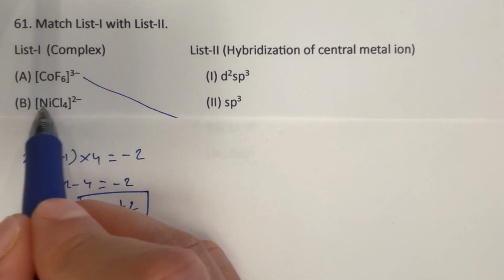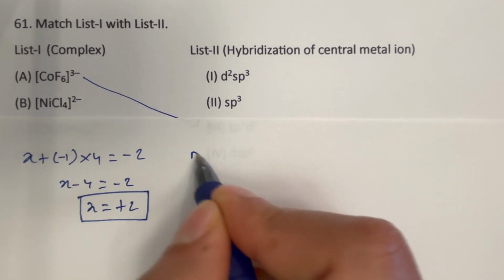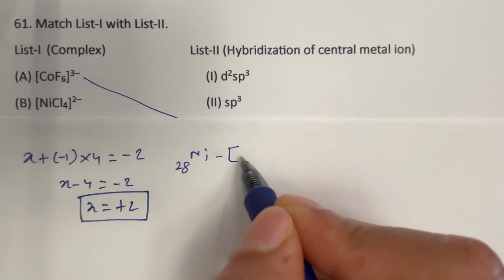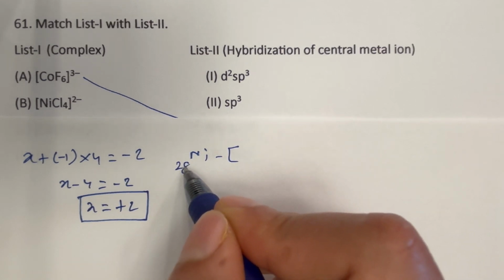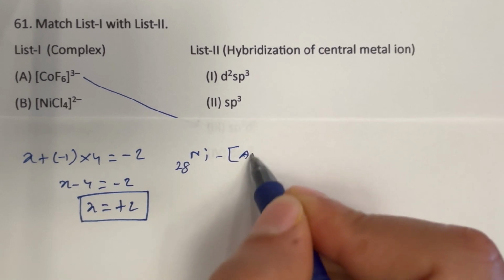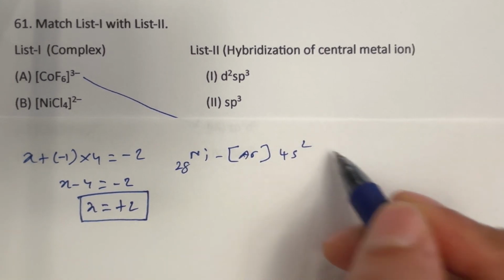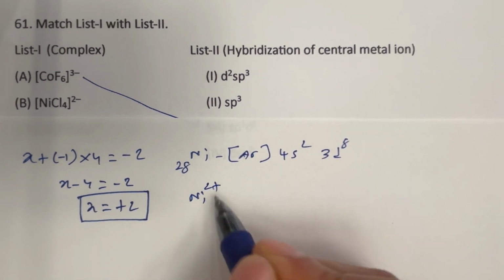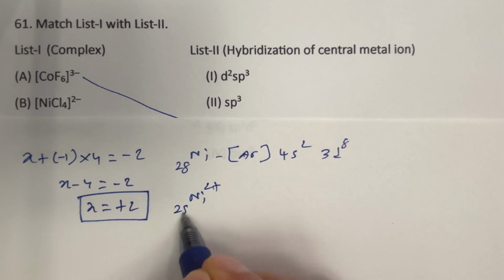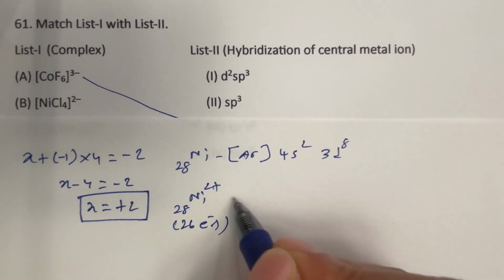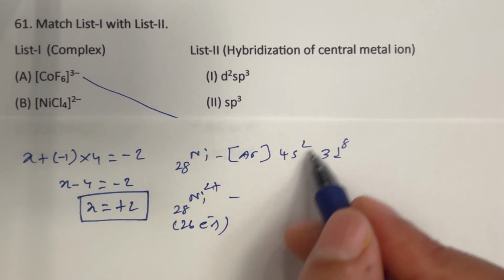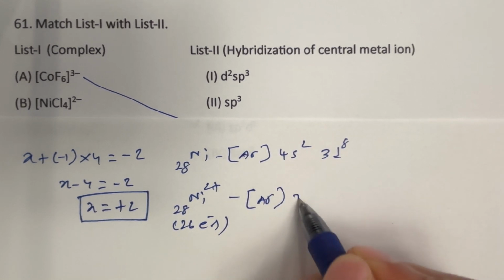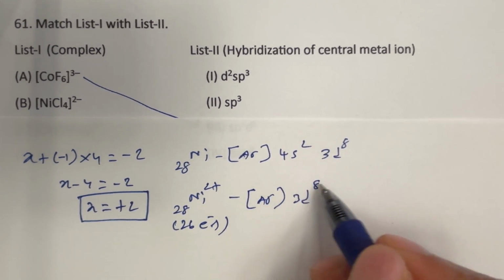Therefore, the oxidation state of nickel here is plus 2, and the electronic configuration of nickel is, we have 28 electrons because the atomic number is 28, argon 18 electrons and then 4s2 and then 3d 8. Now, when it is plus 2, then we are going to have only 26 electrons. That means the 4s2 electrons are gone because this is in the outer shell. So, argon 18 electrons and 3d 8, 18 plus 8, 26 electrons.